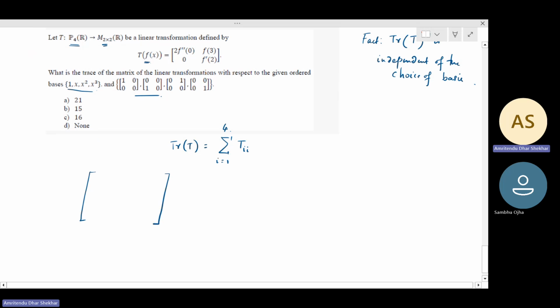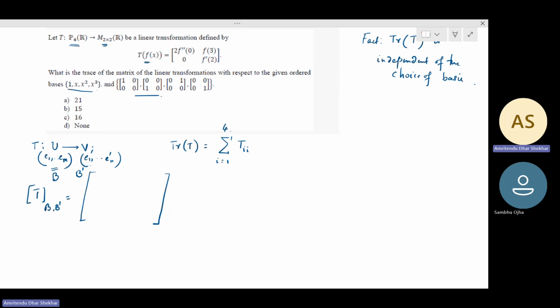So when you have two bases given, let's say T is a map from two vector spaces U to V, and let's say you have chosen a basis of U, E1 to EM is a basis of U, and E1 prime to En prime is a basis of V. Then the matrix that you get with respect to the choice of these bases, if you call this basis B and this basis B prime, is given as follows.